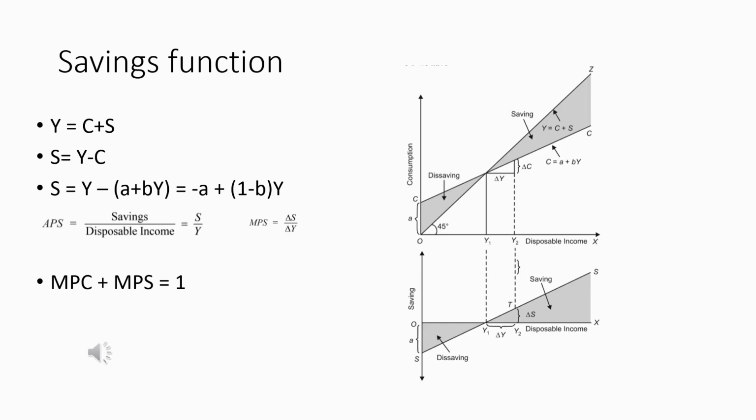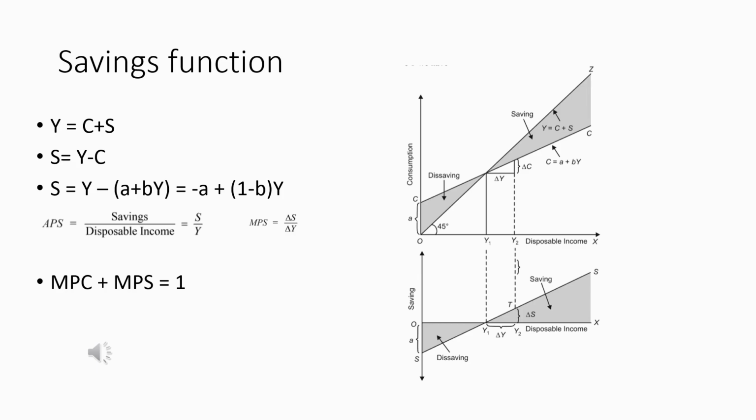It is to be noted that 0.20 represents marginal propensity to save. It also follows from the above that the sum of marginal propensity to consume and marginal propensity to save is equal to 1. Therefore, 0.8 + 0.2 = 1.